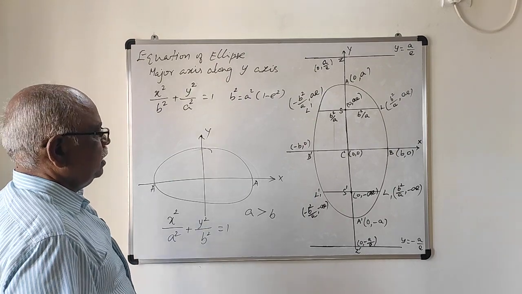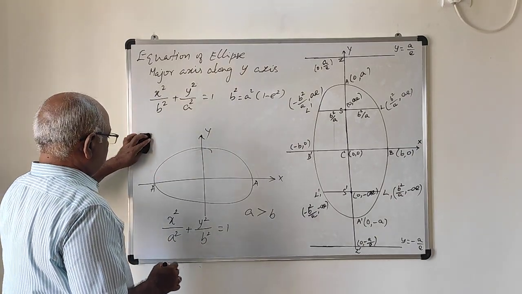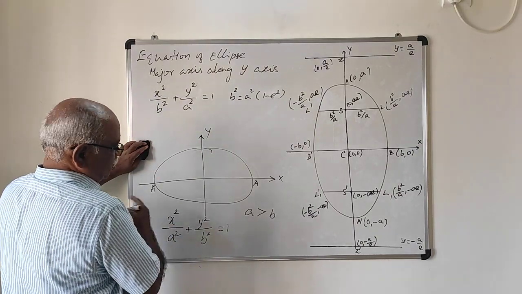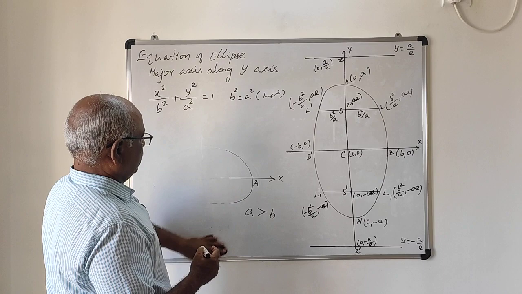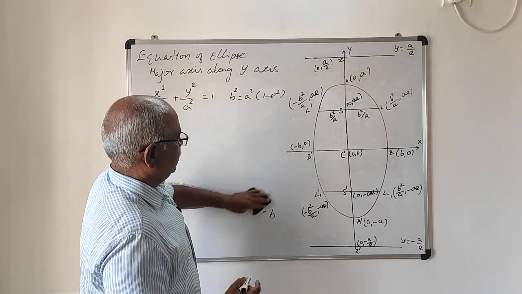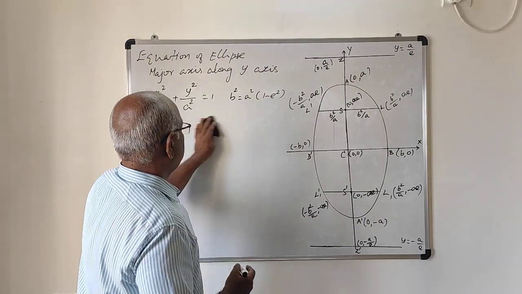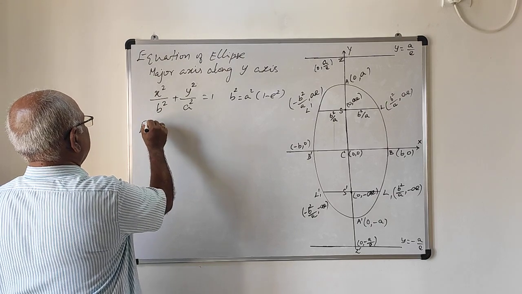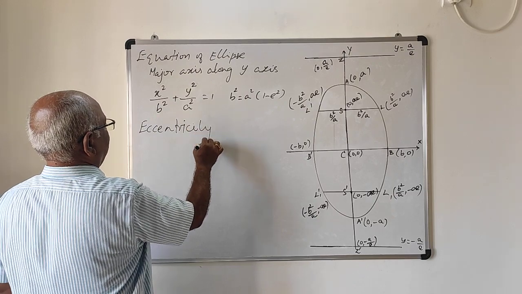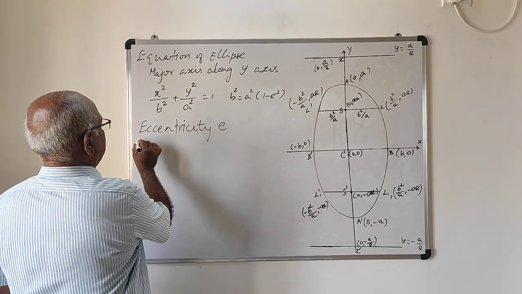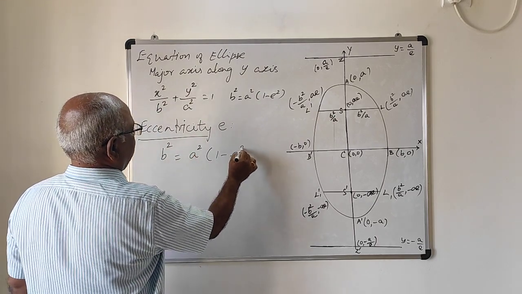In this case, we have to find out the eccentricity of the ellipse if the major axis is along the x-axis. We know that b square equals a square into 1 minus e square.